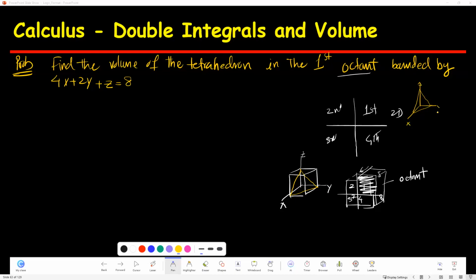This is x, this is y. The equation of this function is given: z equals 8 minus 4x minus 2y. What I did, I just took the equation and rearranged it. Since we have limited space, I'm going to erase this.